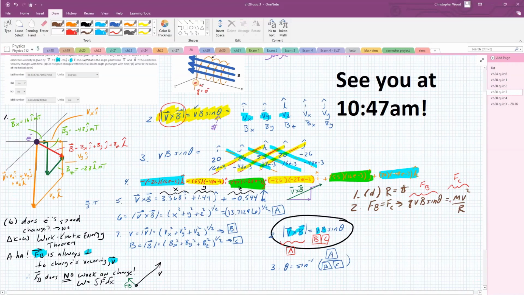Okay, V's cancel, some low-hanging fruit. This V cancels with one of those V's. Let's solve for R. Let's isolate R. Number 3, R equals m v all over q B sine theta.